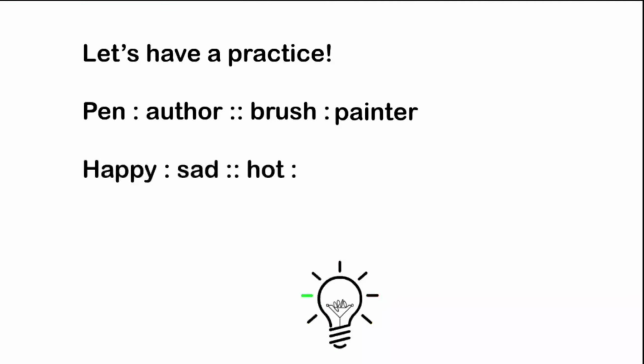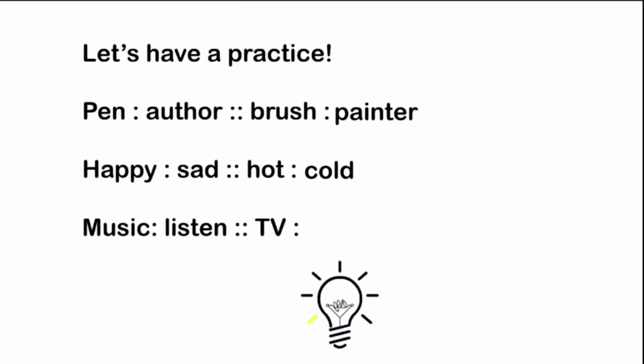Happy is to sad, as hot is to... That's right, you got it. Hot is to cold. The last one is music is to listen, as TV is to... You got it right again. TV is to watch.